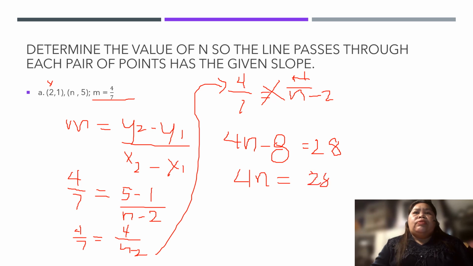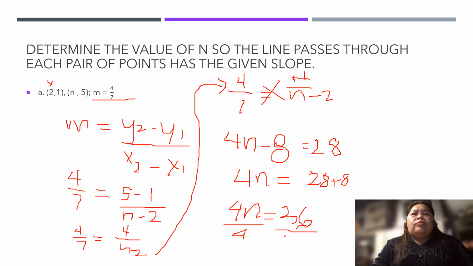We transpose 8, so that's plus 8. So we get 4n equals 36. Then 36 divided by 4, our n is equal to 9. That's how we get the value of n.